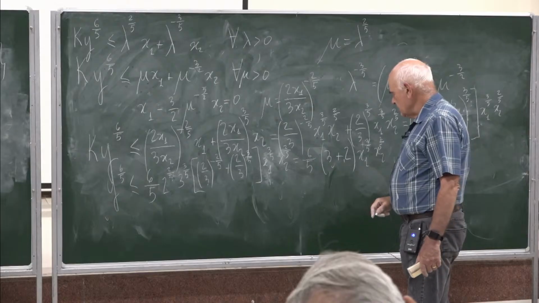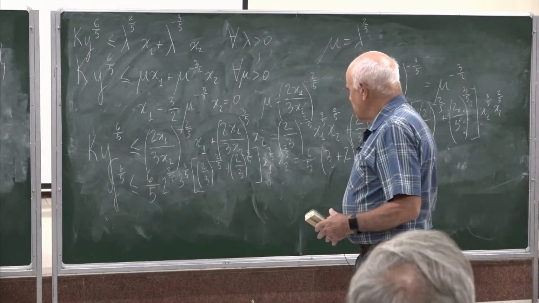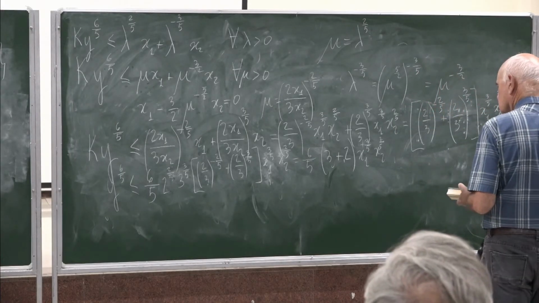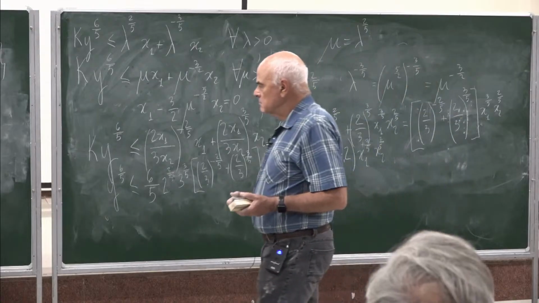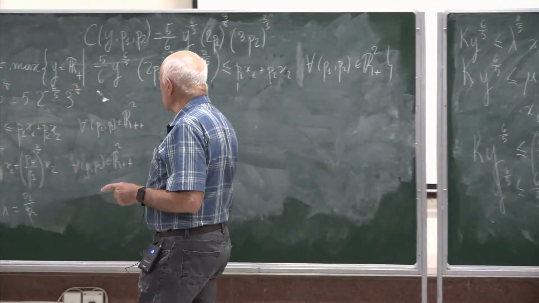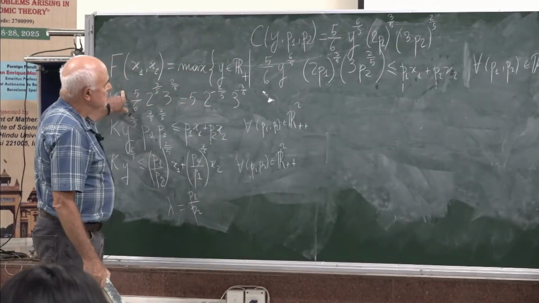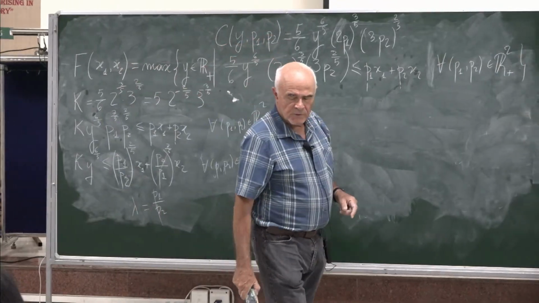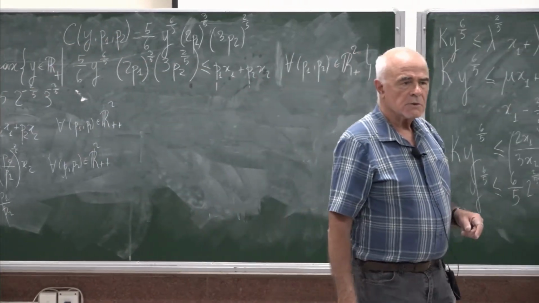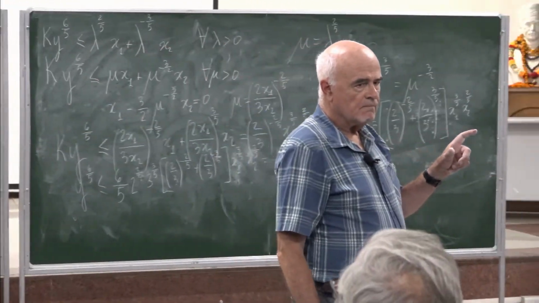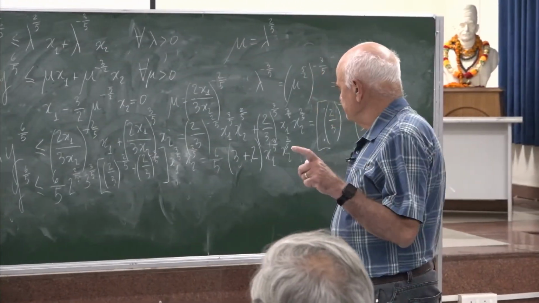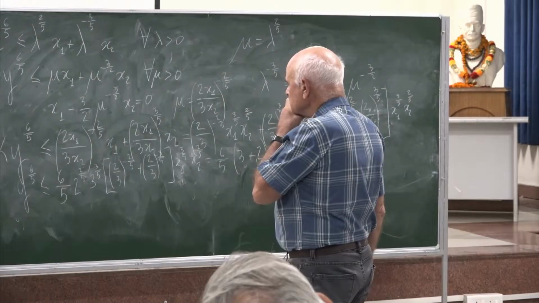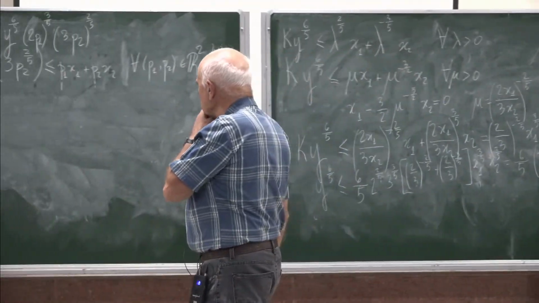I don't like this 6. This 6 must be a mistake. But we have here 5 over 6. Was it correct? Is 5 over 6 here? Yes, because it was the sum of the alphas. But it should disappear sometime.